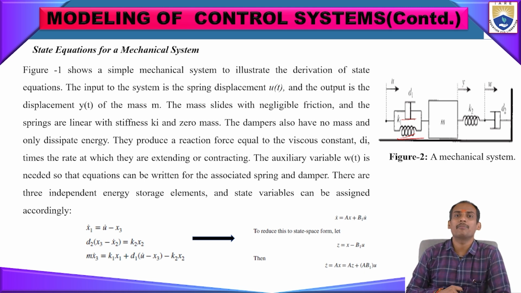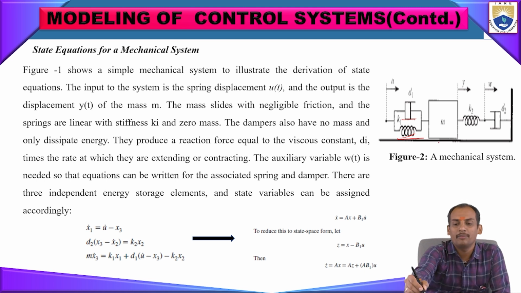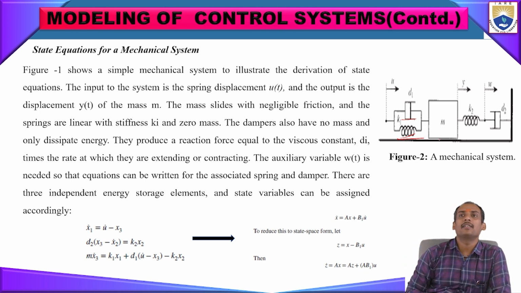Generally we will see it in the frame approach also in terms of u, and the output is displayed at y(t), and the mass is m. Friction in between is generally considered negligible. The damper also has no mass, and we consider only the displacement and dissipated energy.